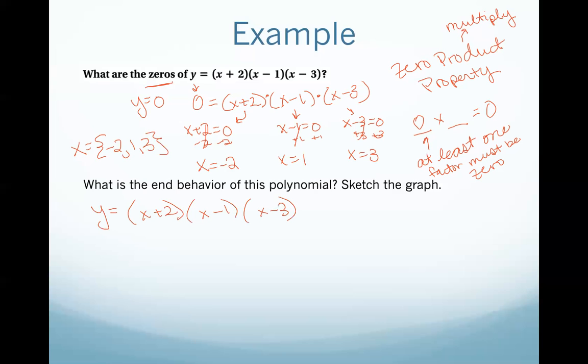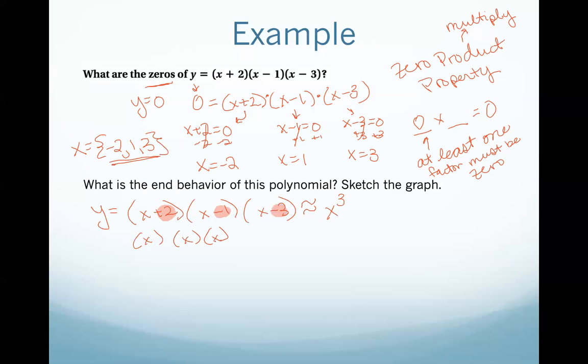And if I ignore the numbers being added and subtracted, the numbers that we used to find x, if we blur those out, what we're left with is x times x times x. And that's actually a pretty good approximation of this function. What that gives us is the leading term of the function.